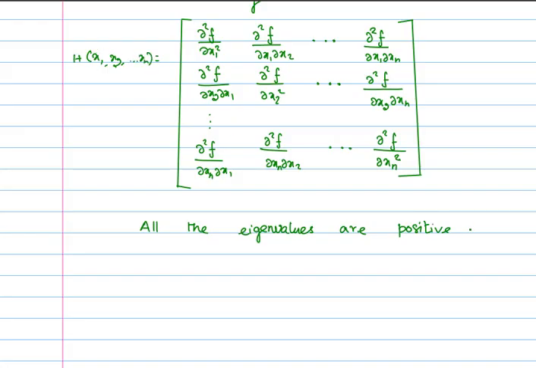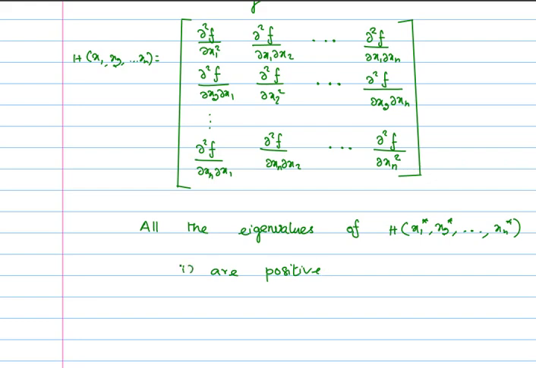So it is positive definite at the stationary point: all the eigenvalues of H(x1*, x2*, ..., xn*), the Hessian matrix at the stationary point, are positive.